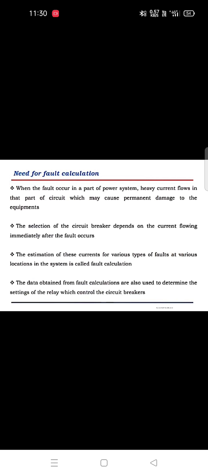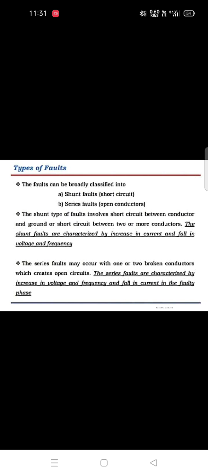The estimation of this current for various types of fault at various locations in the system is called fault calculation. The data obtained from the fault calculation are also used to determine the setting of the relays which control the circuit breakers. The majority of system faults are not three-phase faults, which we will see here.